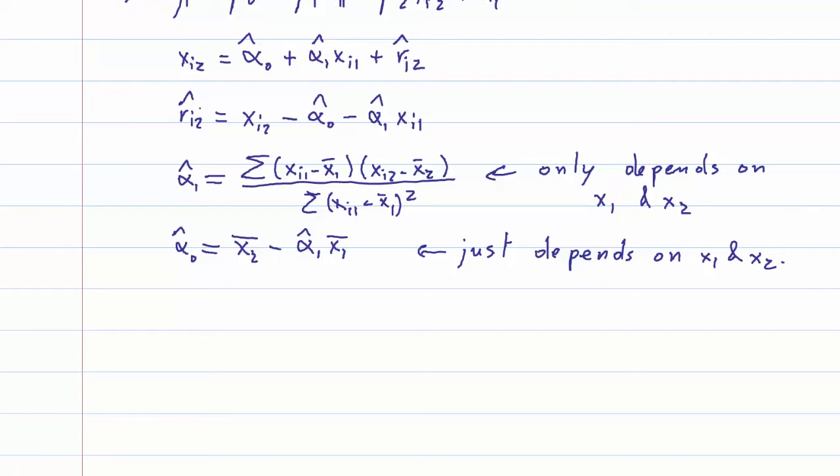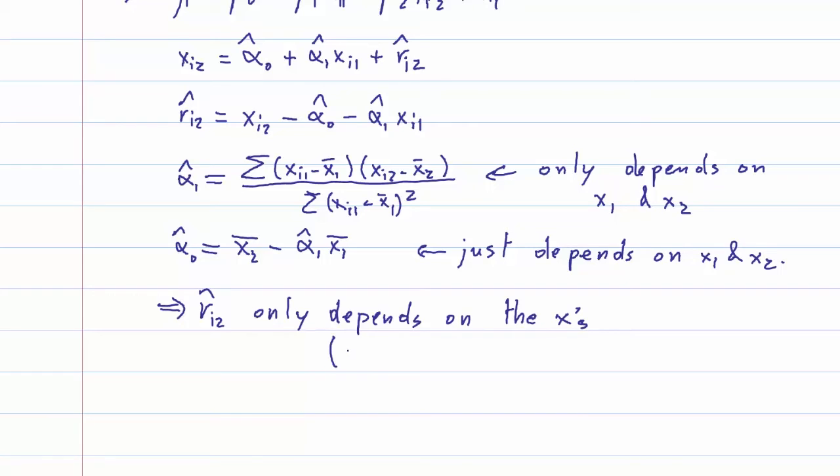So since the residual is just xi2 minus things that only depend on x, we can deduce that the residual ri2 only depends on the x's.